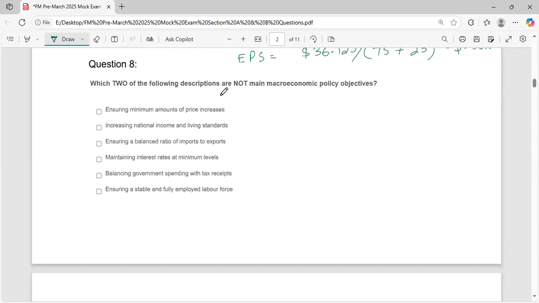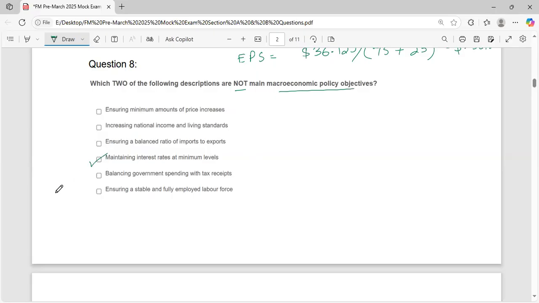Which two of the following descriptions are not main macroeconomic policy objectives? Macroeconomic is basically dealing with the whole economy, ensuring minimum amount of price increases, increasing national income and living standards, ensuring a balanced ratio of import or export, maintaining interest at the minimum interest level.